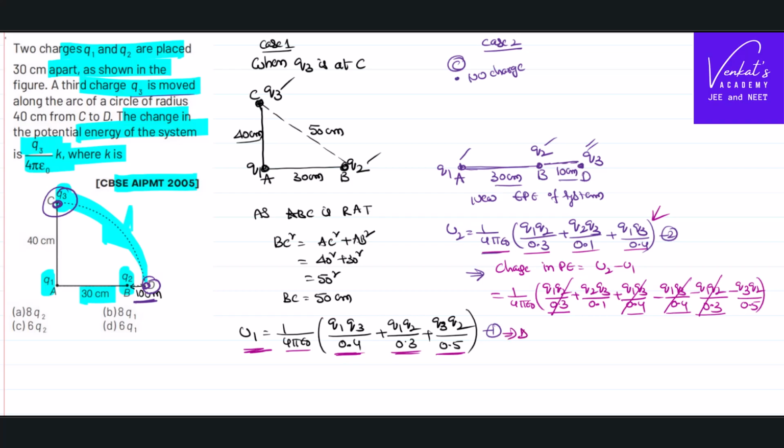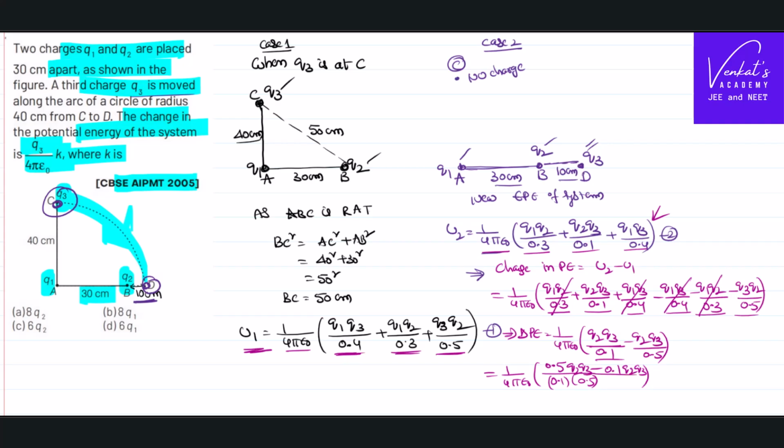That implies the change in potential energy is 1 by 4 pi epsilon naught, and this is the remaining term, Q2 Q3 by 0.1 minus Q2 Q3 by 0.5. That's what we need to find out. That is equal to 1 by 4 pi epsilon naught, the LCM is 0.1 into 0.5. So the first term becomes 0.5 times Q2 Q3 minus the second term becomes 0.1 times Q2 Q3.